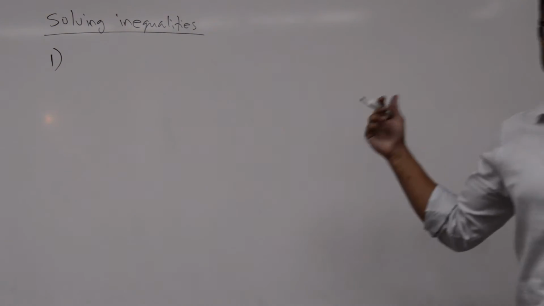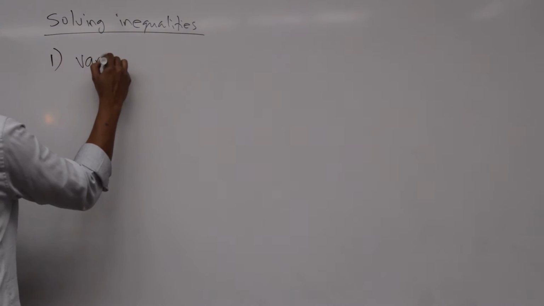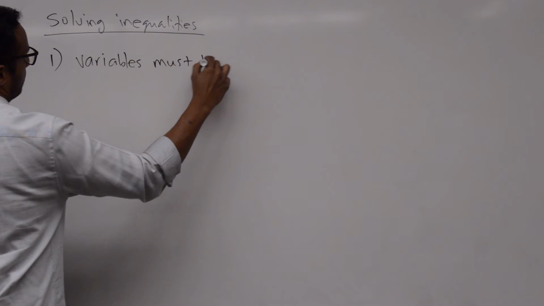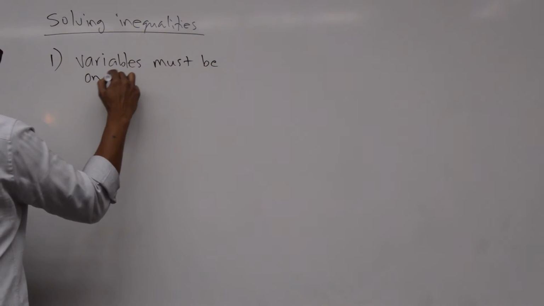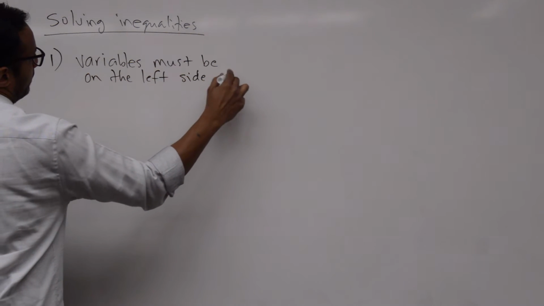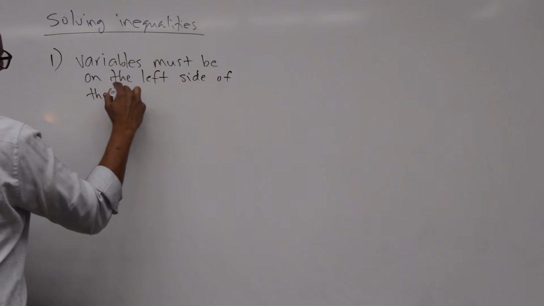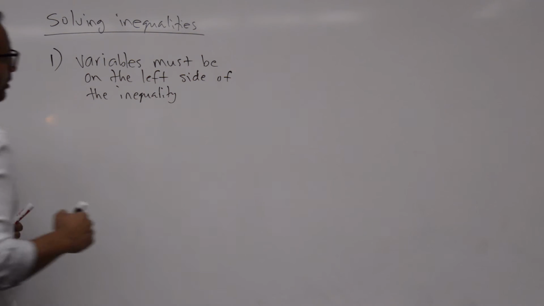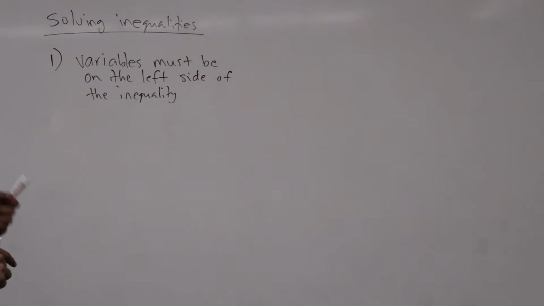You can put them on either side. In inequalities, the variables must always be on the left-hand side of the inequality. It's important: the variables must always be on the left side.